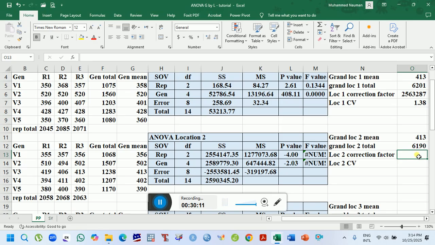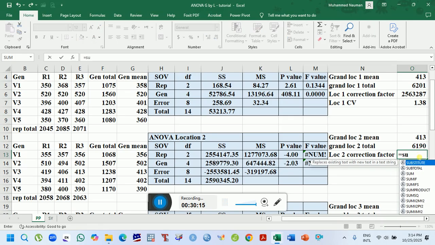Correction factor is equal to sum of square, SUMSQ, of the location total, or overall this location total.